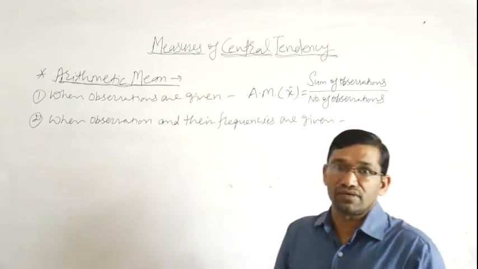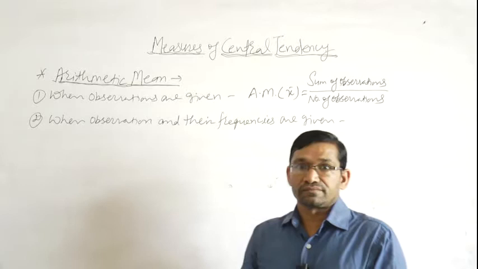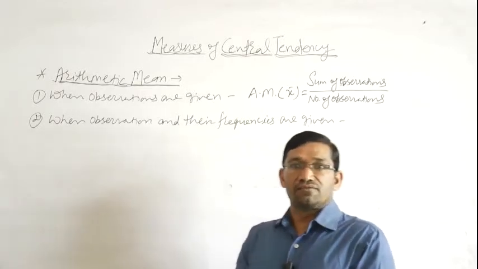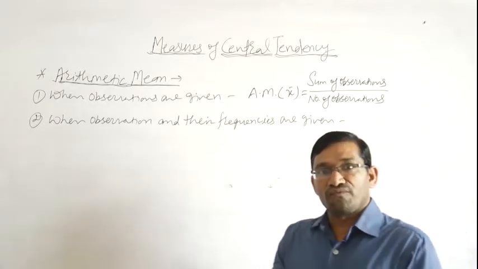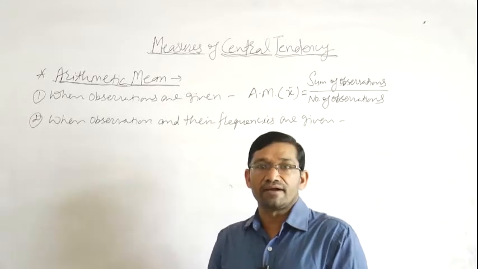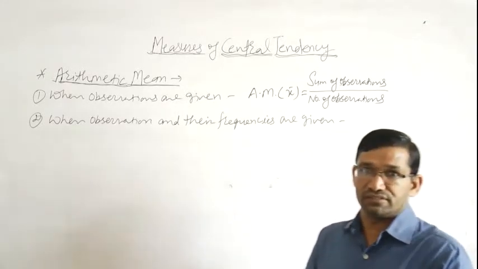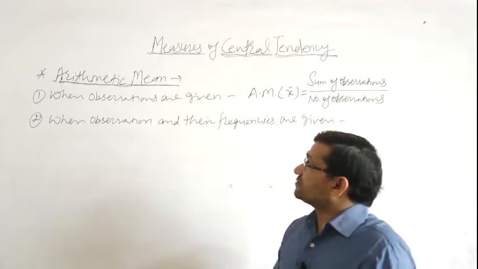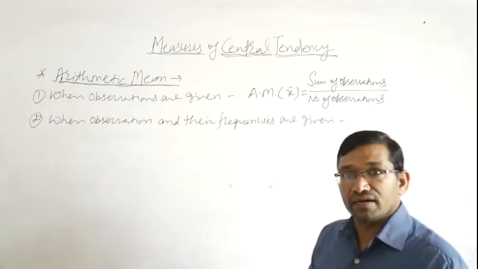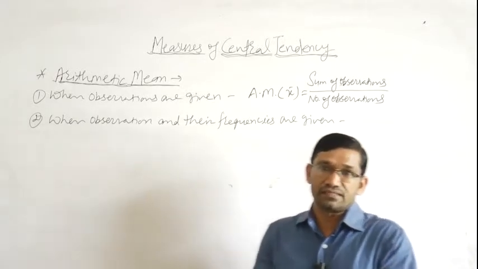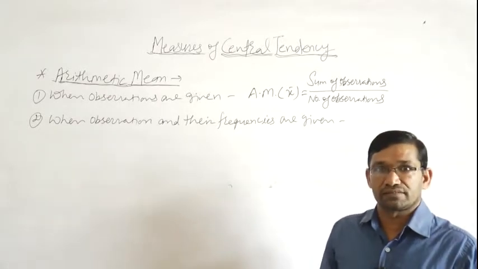Average is also known as arithmetic mean. Arithmetic mean is equal to the sum of observations divided by the number of observations. We discussed this formula in the previous class and we solved exercise 17.1.